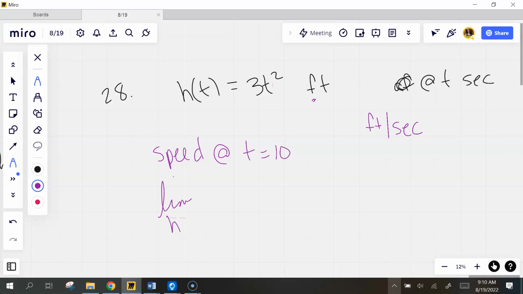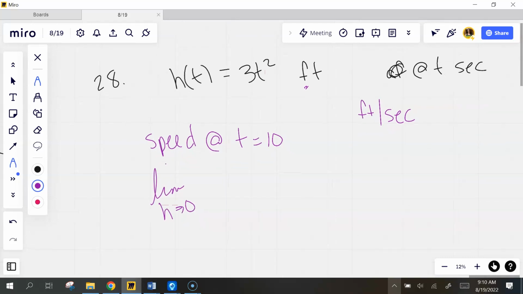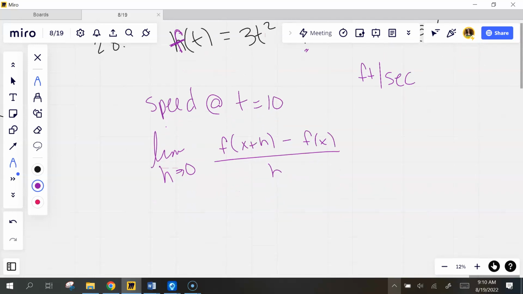The limit as h goes to 0. Remember, it's f of t plus h, but since I've got an h here, that's kind of confusing, so let's make it f. Your book uses h because it's height. I'm putting a 10 in for x because I want exactly that moment.